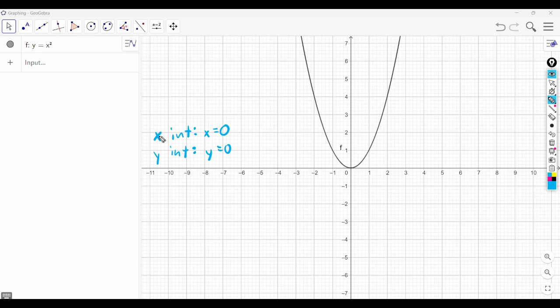So just as a trivial example, if I want to know at what value of x does this parabola cross the x-axis, maybe this will seem a little bit backwards, but we'll do another example. The x-axis is where y equals 0, right?